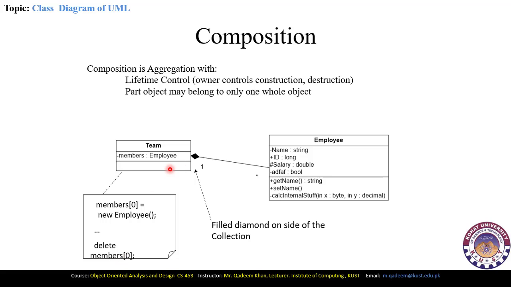That means that the particular member is deleted. So that is the composition, where lifetime control is important in one class, so that we can create or delete any objects of that particular class, and that is a very important concept in object-oriented analysis and design.